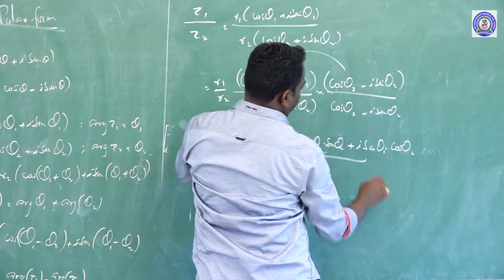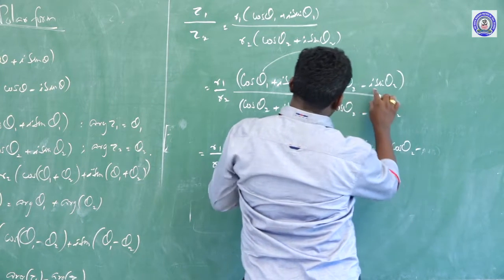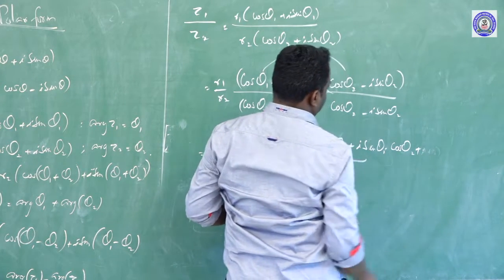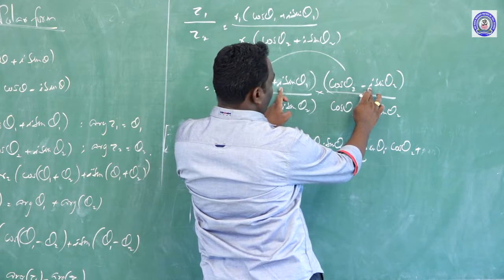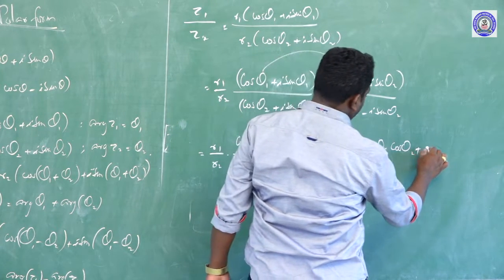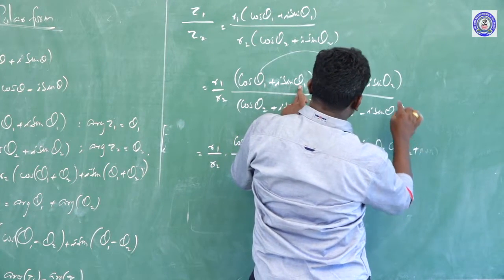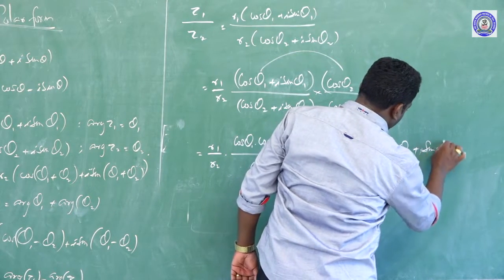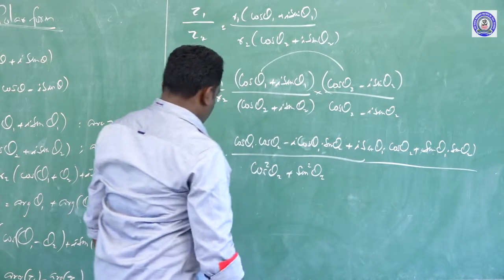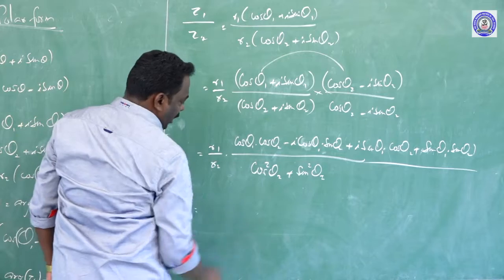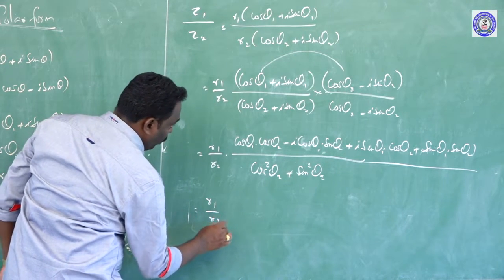Then plus into minus, i square, the value becomes plus, so we get plus sin theta 1 into sin theta 2. Now the denominator becomes 1, therefore it is r1 by r2 times the numerator.